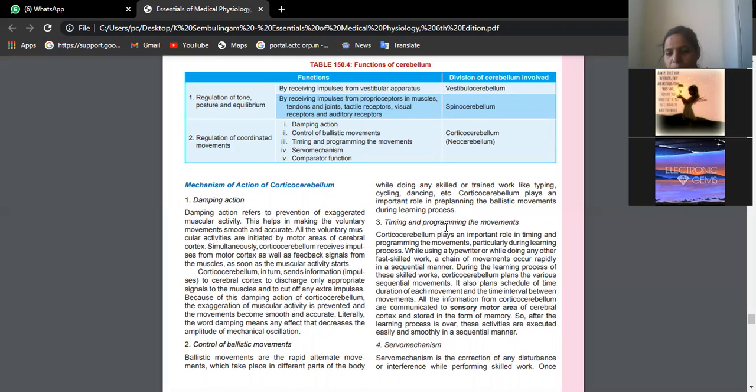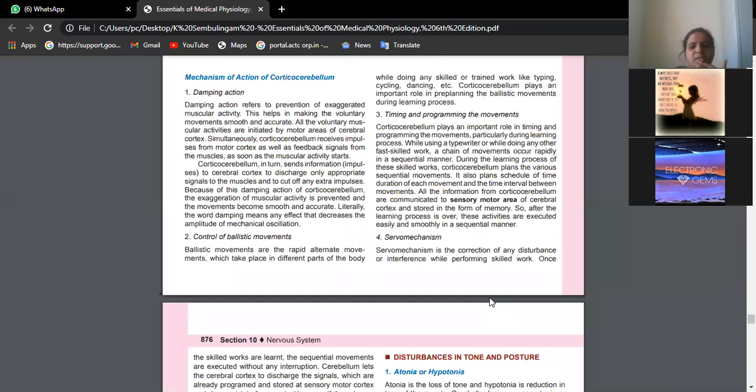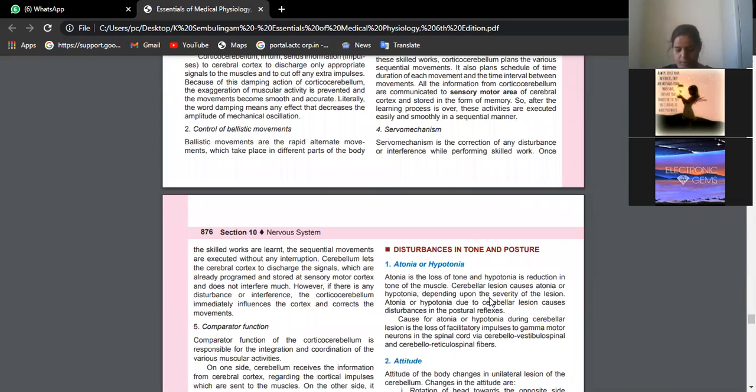Timing and programming of movements. The best example is catching a ball. Within a fraction of a second you will move in such a way that you will not allow the ball to miss. That is your timing and programming, all controlled by the cerebellum. Servo mechanism: suppose you are writing, you are not sitting like a statue. You bend over, fold your hand, and keep yourself comfortable, facilitating that type of muscular movement.